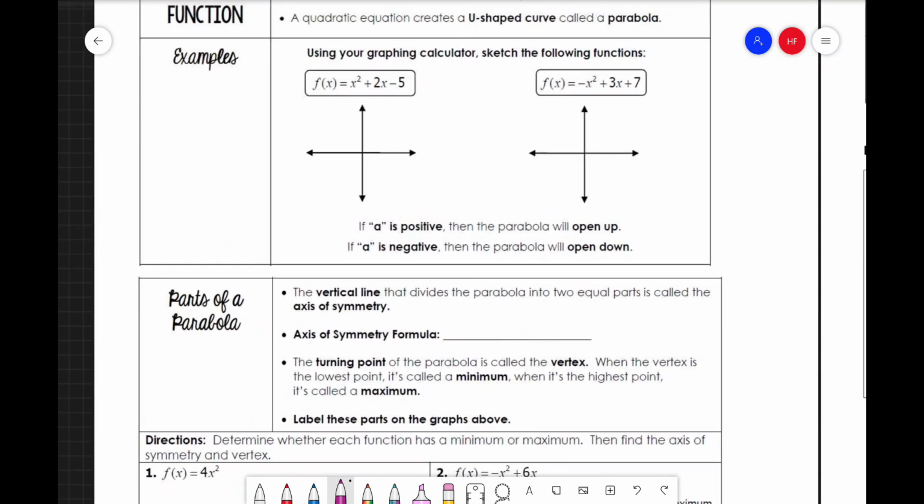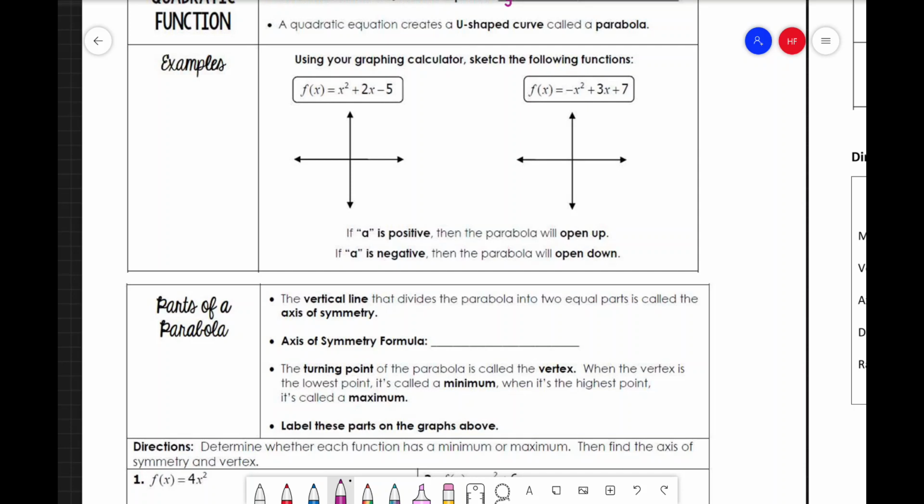So we want to sketch these functions. So we want to graph them first. So let's graph x squared plus 2x minus 5.